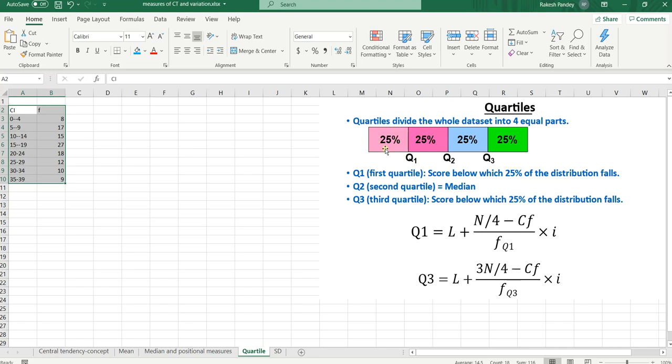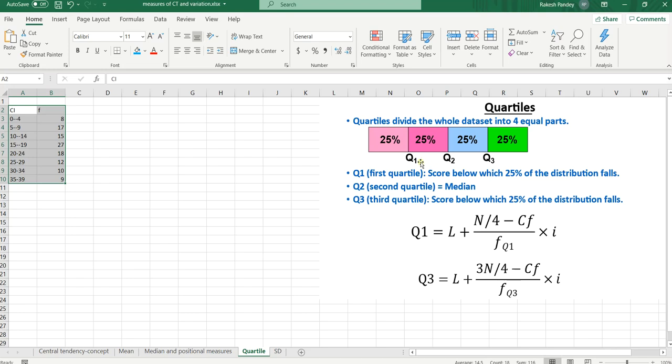So this is the lowest 25%, then next 25%, then next 25%, then next 25%, and taken together, this is the whole 100% data. So when we have to divide the whole data set into four equal parts, we will need to calculate what is called quartile. And for dividing the whole data set into four parts, we will need three cuts, three values.